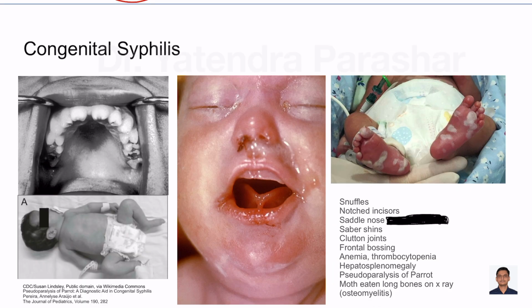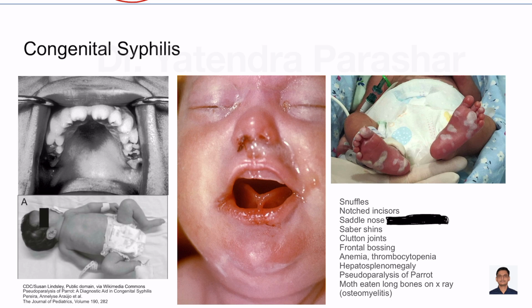Now come to the congenital syphilis. It is caused by the Treponema pallidum, transmitted transplacentally from mother to the fetus. And presentation can be early or late. Early clinical features occur before the age of 2 years, and late clinical features occur after the age of 2 years.